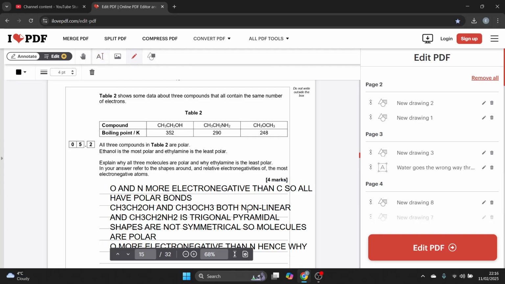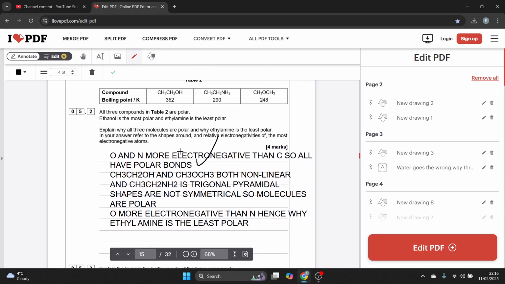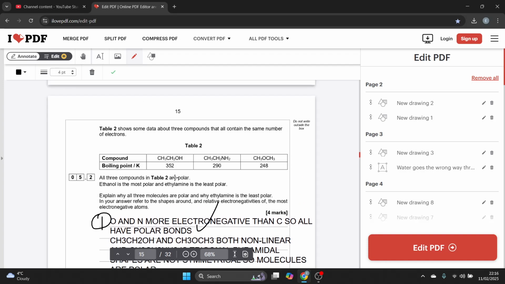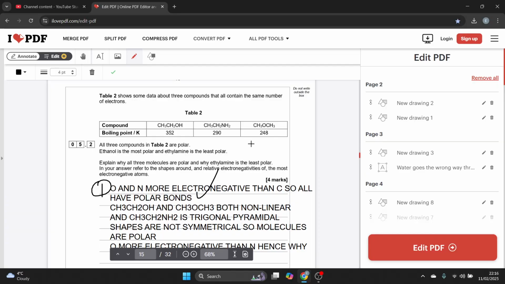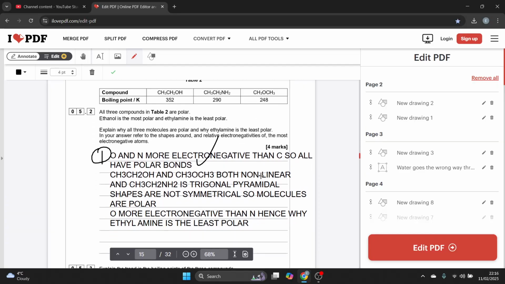Okay, so oxygen and nitrogen are more electronegative than carbon, so they all have polar bonds. CH3CH2OH, ethanol, and CH3COCH3, both are non-linear. CH3CH2NH2 is trigonal pyramidal. So I'm using my knowledge of bonding, right? Naming the shapes. What this tells me is that all of these shapes are unsymmetrical.